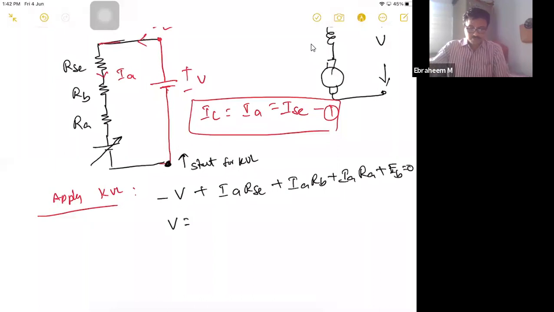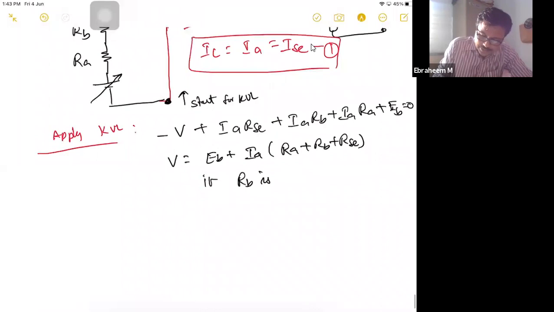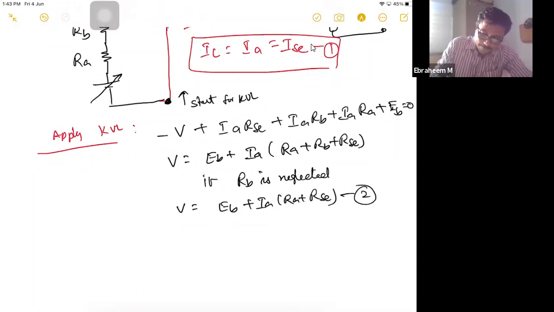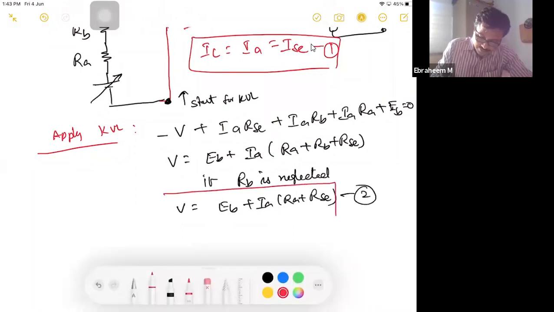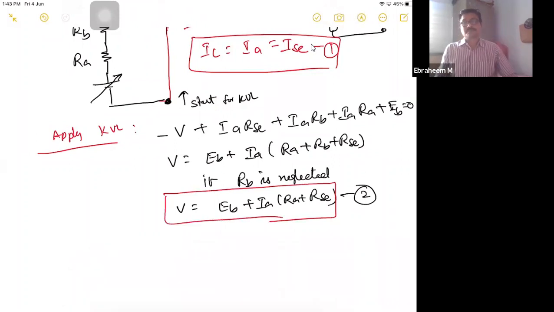So V is equal to EB plus IA into (RA plus RB plus RSE). If brush resistance RB is neglected or not given in the problem, you can use EB plus IA into (RA plus RSE). So this is the voltage equation of a series motor. Okay.